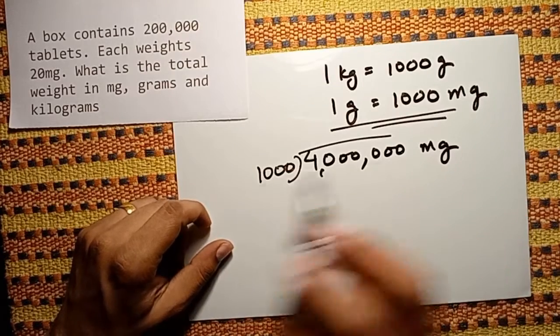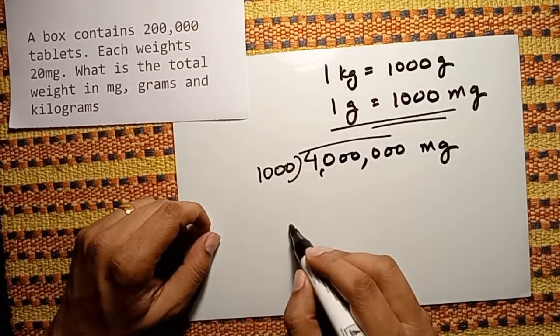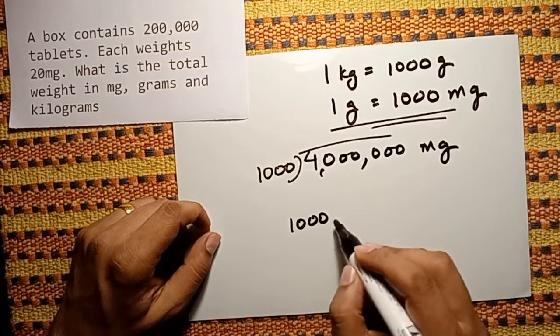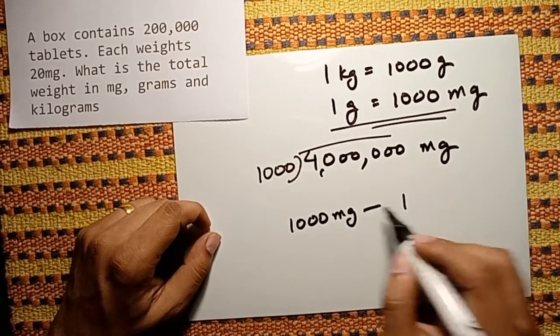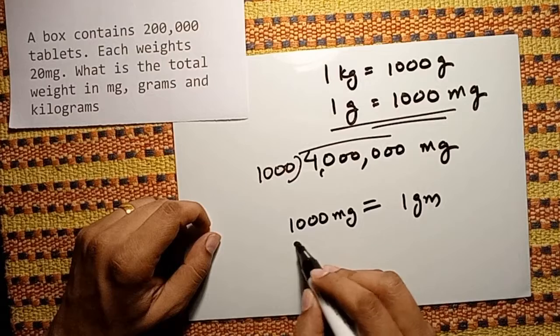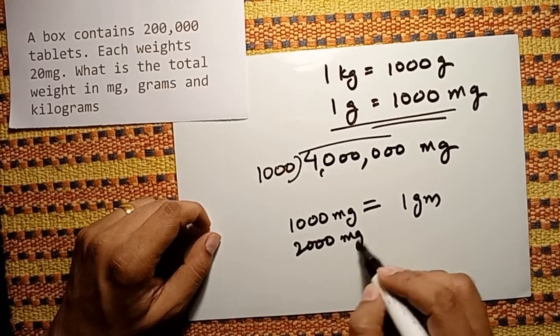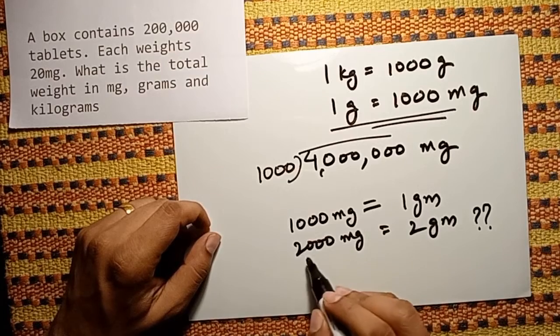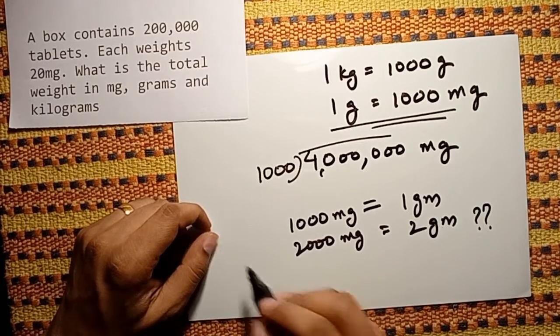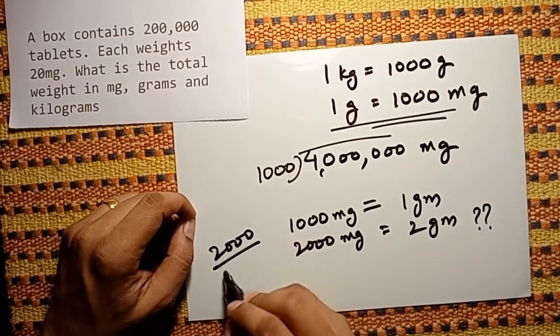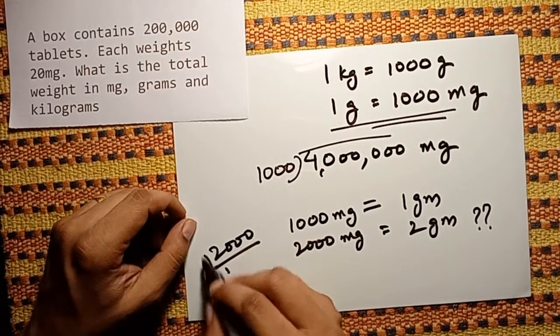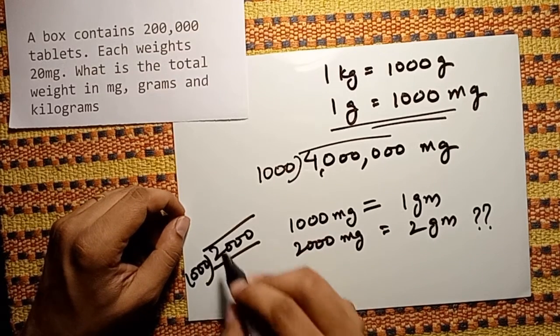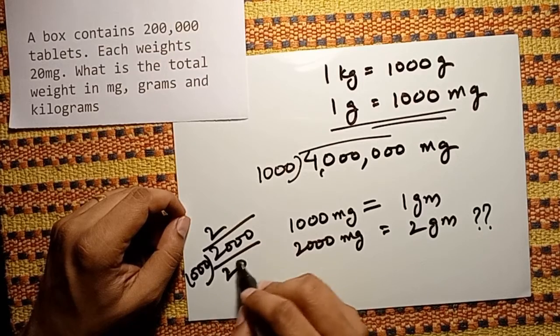It is exactly like the previous word problem. 1000 milligrams equal to 1 gram. 2000 milligrams equal to 2 grams. How? Because in your head, you did this: 2 thousands are 2000.